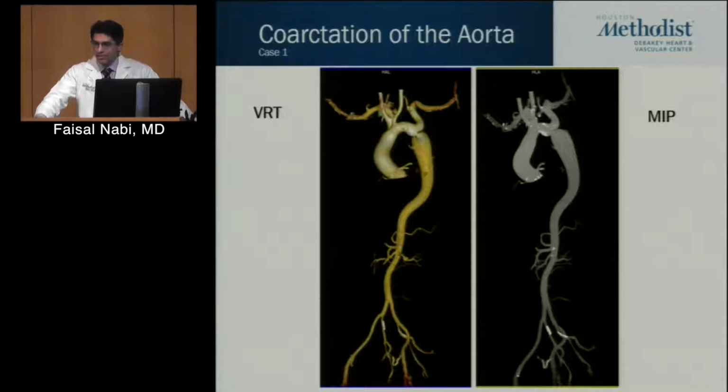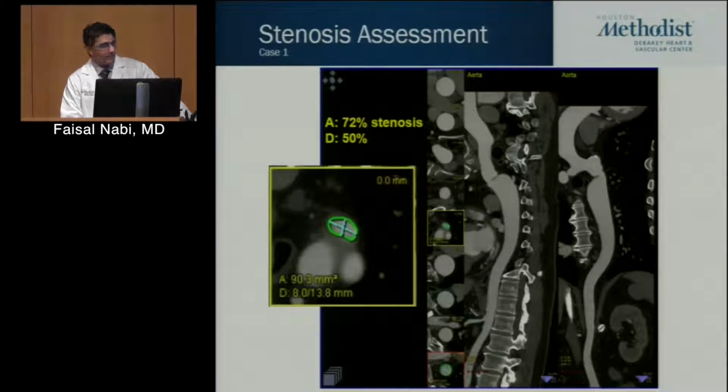It's very important to consider looking at the entire aorta. In this particular case, this patient had a concomitant bicuspid aortic valve that would explain the early aortic stenosis. And as you well know, coarctation of the aorta is also associated with bicuspid aortic valves. We can take this a lot further with CT.